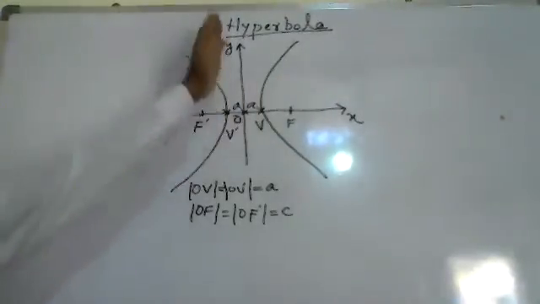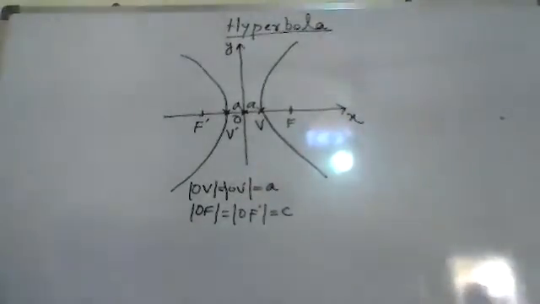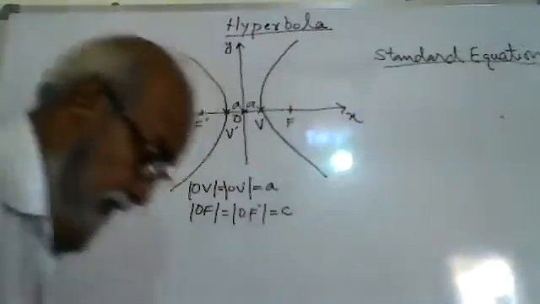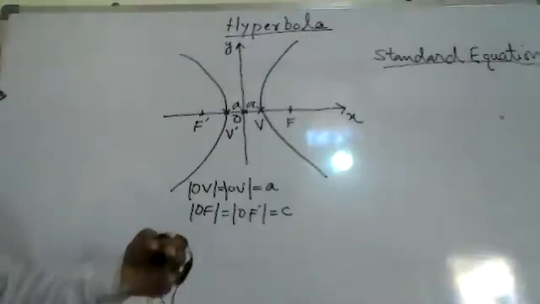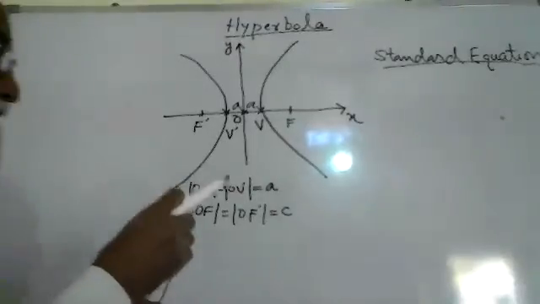So this is the transverse axis, this is the conjugate axis. The standard equation is x square upon a square.